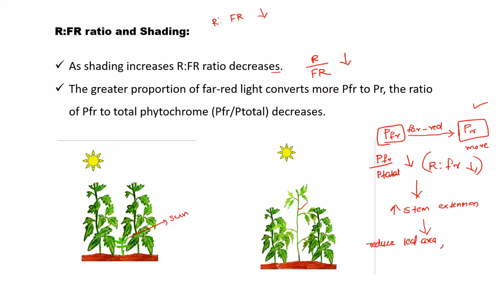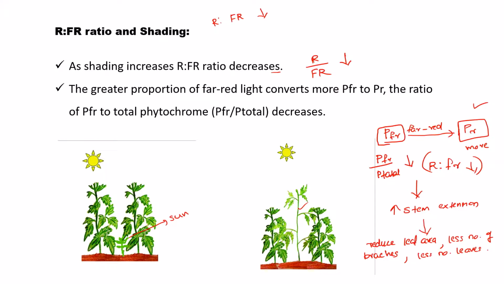It will reduce the number of branches, so fewer branches. These plants are allocating more resources for stem extension. That's why they are reducing leaf area, with fewer branches and fewer leaves.